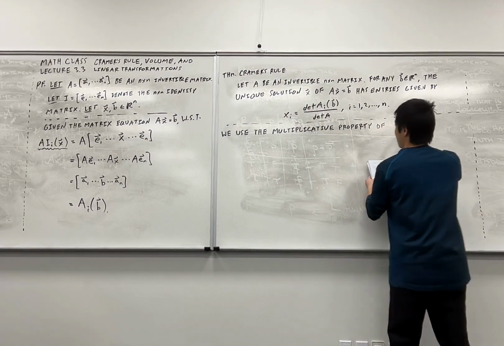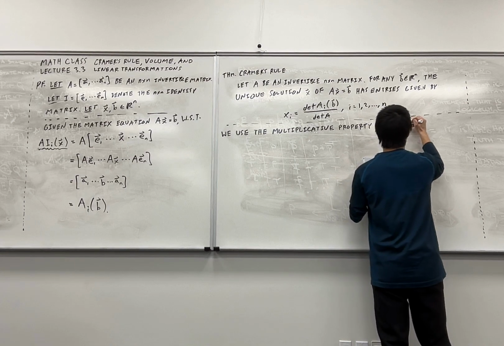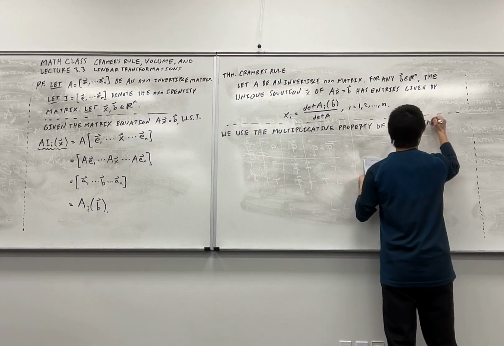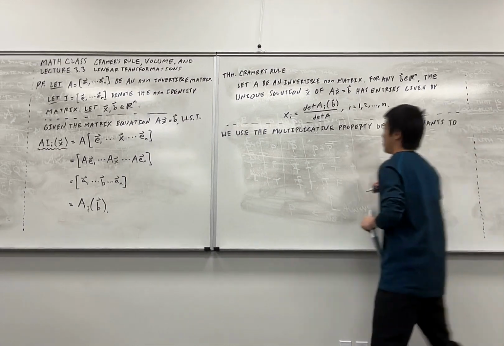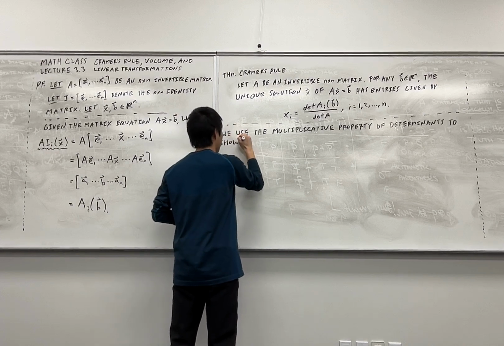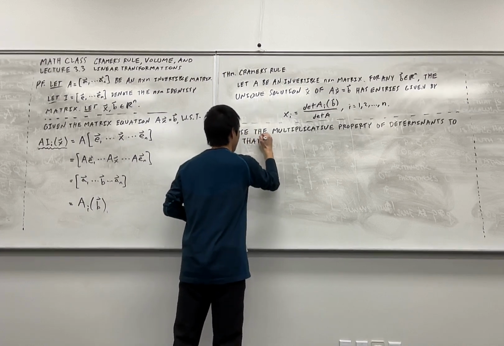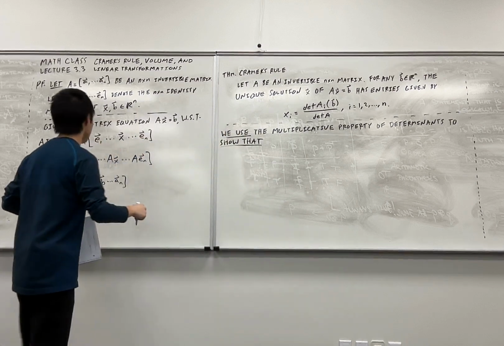So specifically, the multiplicative property of determinants to show, here's some more proof language, show that we use with a citation.